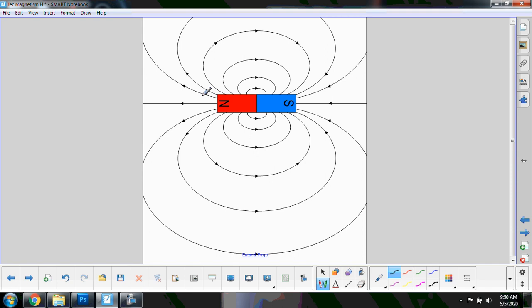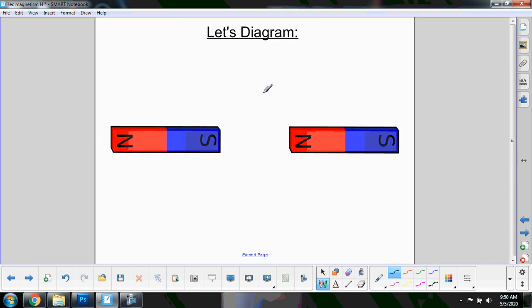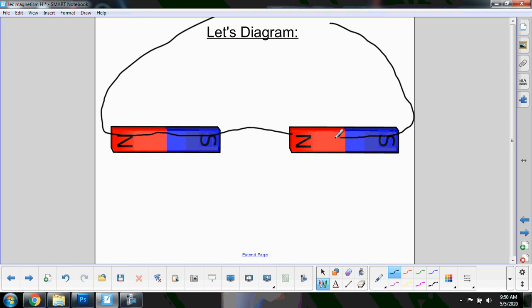It goes out of the north, goes around, goes into the south end of the magnet. If you have a more complex magnet, field will come out of the north into the south, goes through the magnet, comes out of the north, loops around, and comes back into the south. So complex magnetic fields actually would do something like this. And you'd still have this thing going on as well.